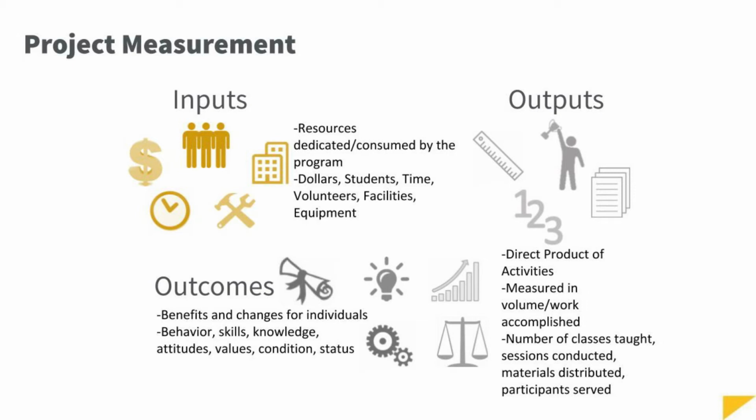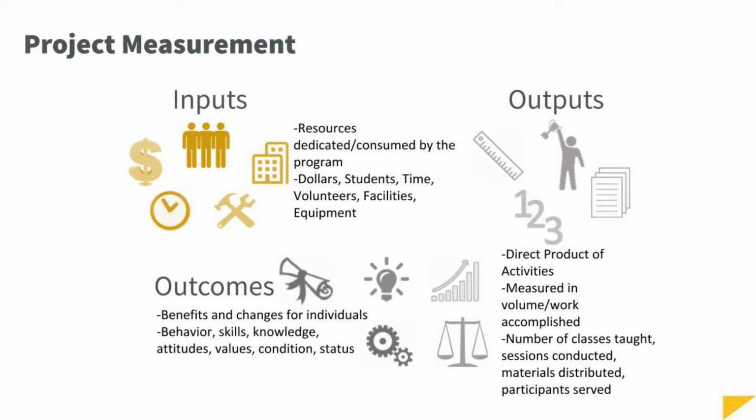Then we have outputs. That's kind of the direct, how much work was accomplished, how many classrooms were affected. Maybe it's how many businesses were affected, how many students could potentially be affected, or classrooms for you guys as well. And then there's outcomes. Outcomes come maybe even a little bit later than immediate outputs.